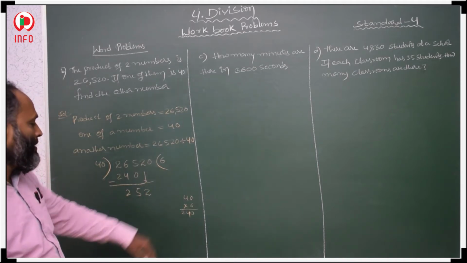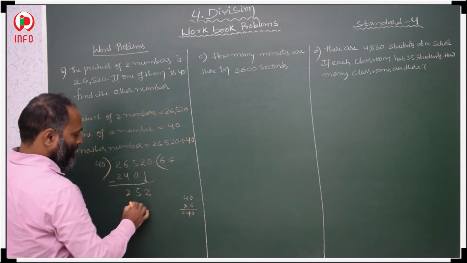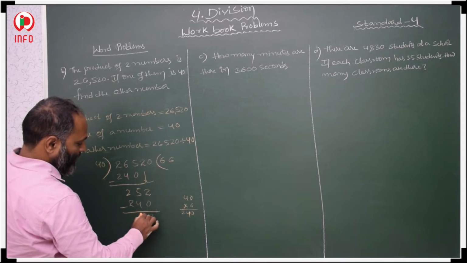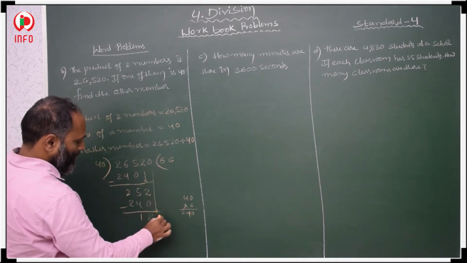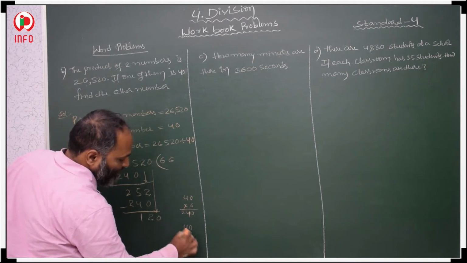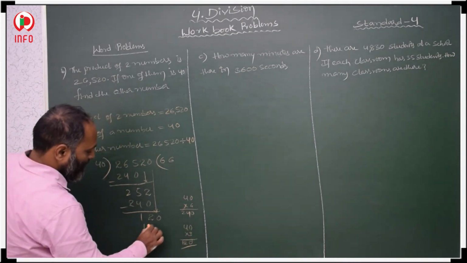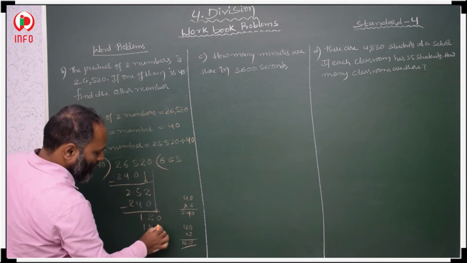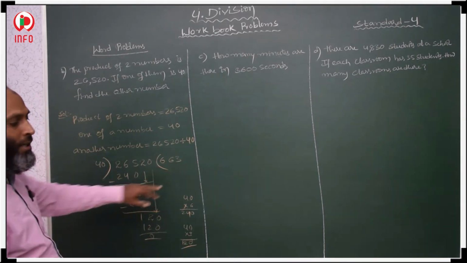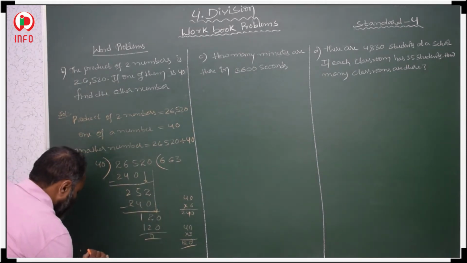Again 40 6s are 240. Again subtract, leaving 1. Then 0: 40 3s are 120. That is, the other number is 663. Therefore, the other number is 663.